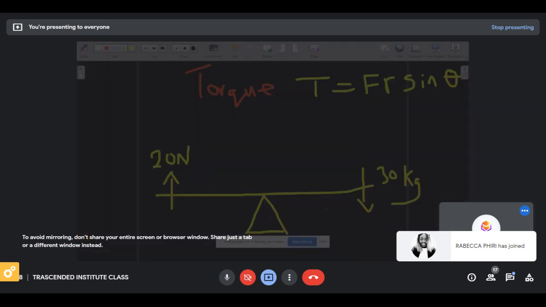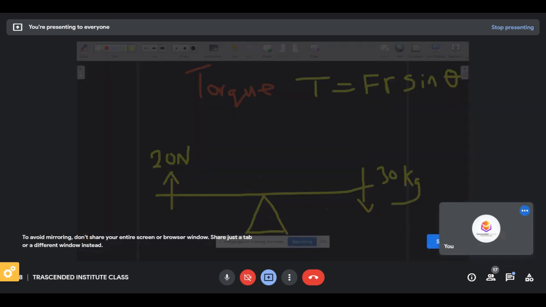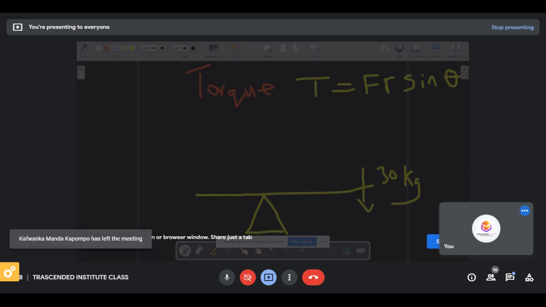All right. So when you look at this, we're supposed to take note of the metal bar as well. It has a weight, of course, acting at the center of mass, the middle point. Let me just complicate it a bit from the starting point. Let's say that is somewhere higher, 20 Newton.